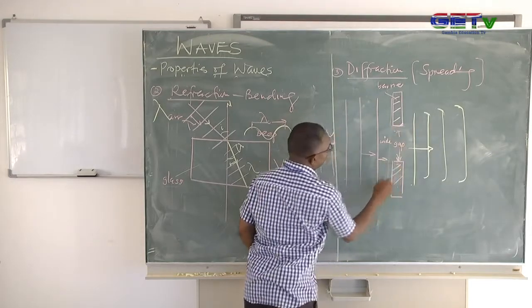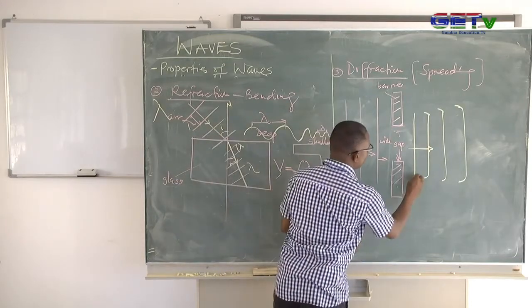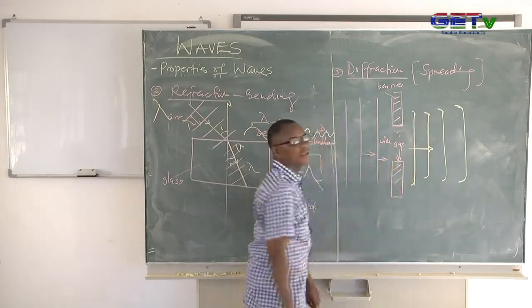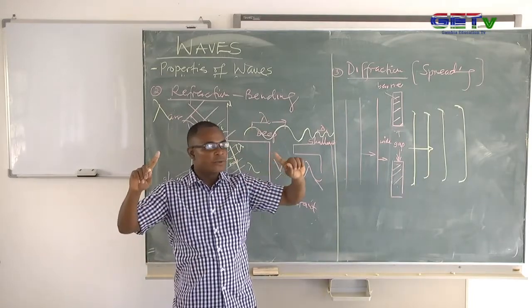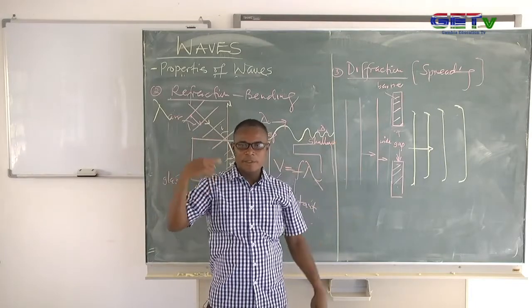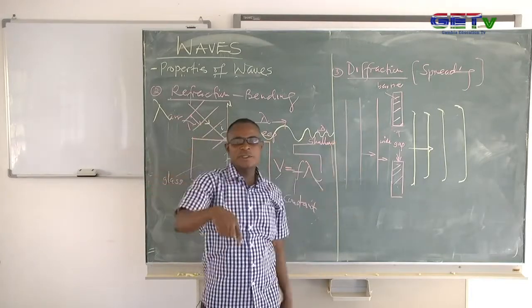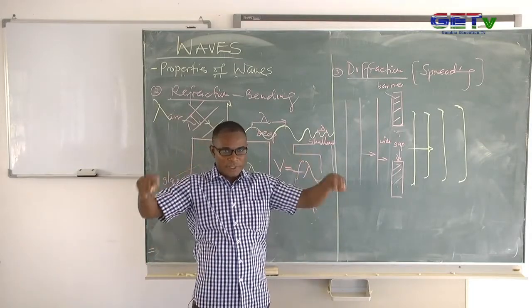For a wide gap, for your objective questions, this is what happens. The wave will suffer little or no spreading. And that is what happens in the sitting room and the dining room. Some of you in your houses have what is called a pavement, and the pavement differentiates between the sitting room and the dining room. So you see that pavement is a wide gap.